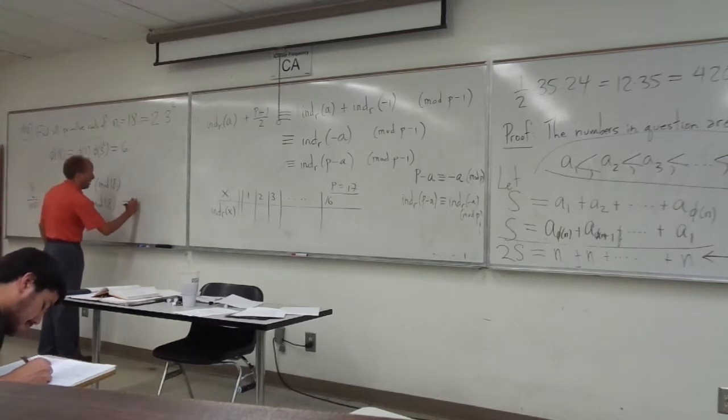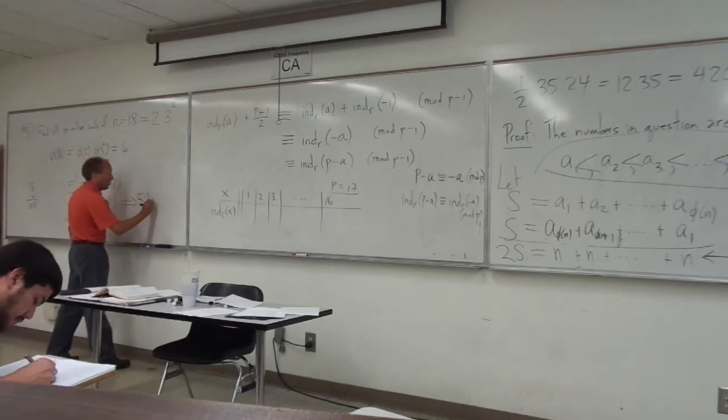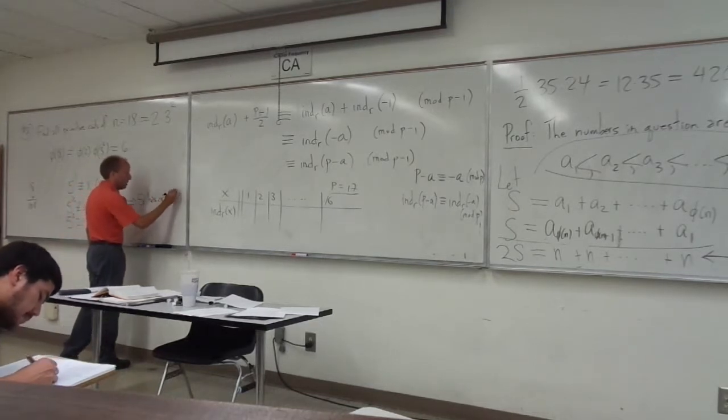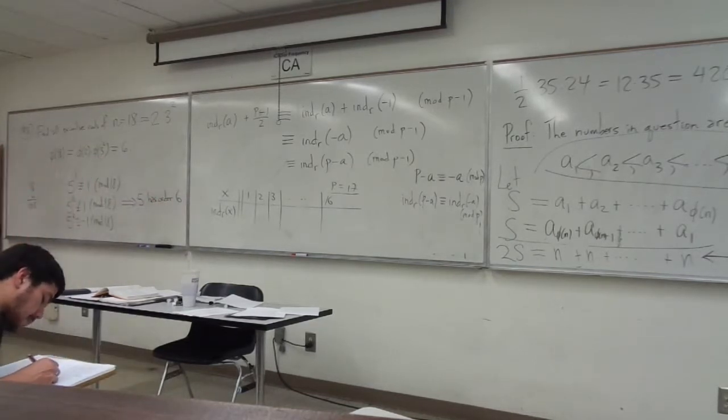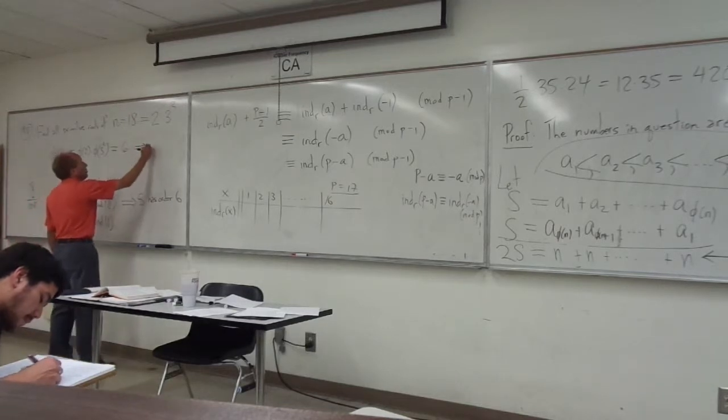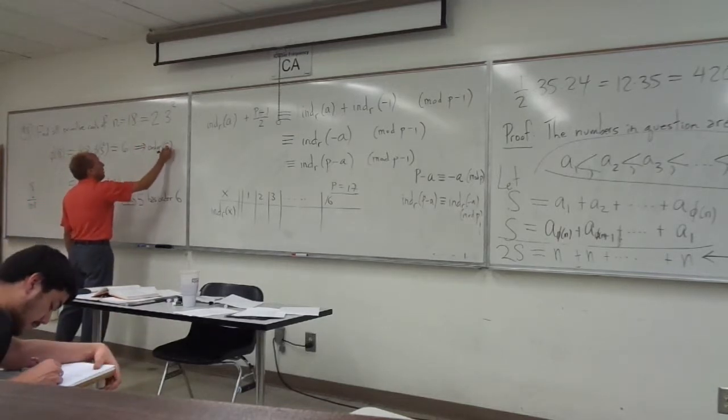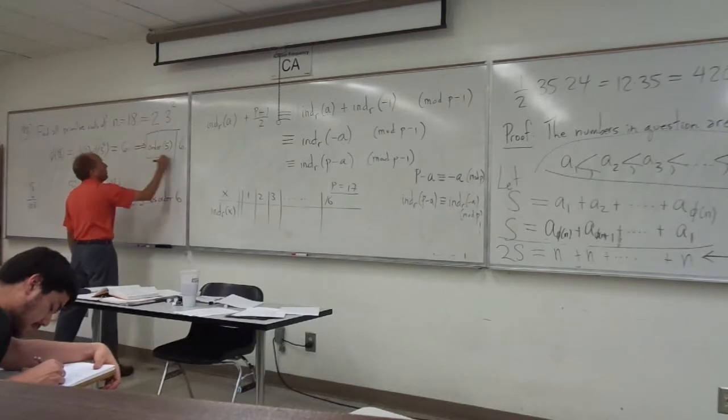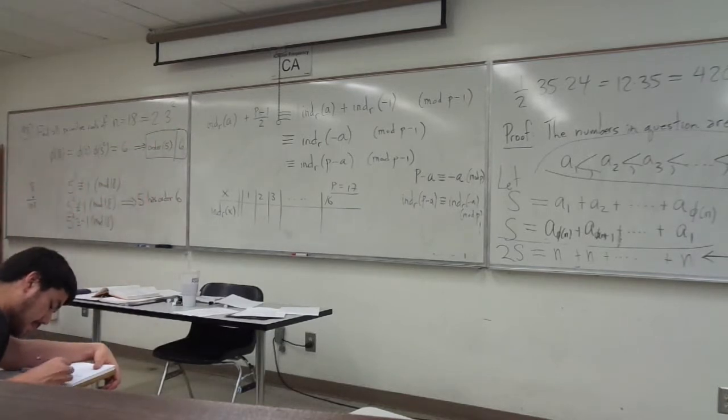So this implies that 5 has order 6. Right? So again, the order of any number has to divide the phi of n. So the order of 5 has to divide 6, so you can test the first 3 powers of 5.